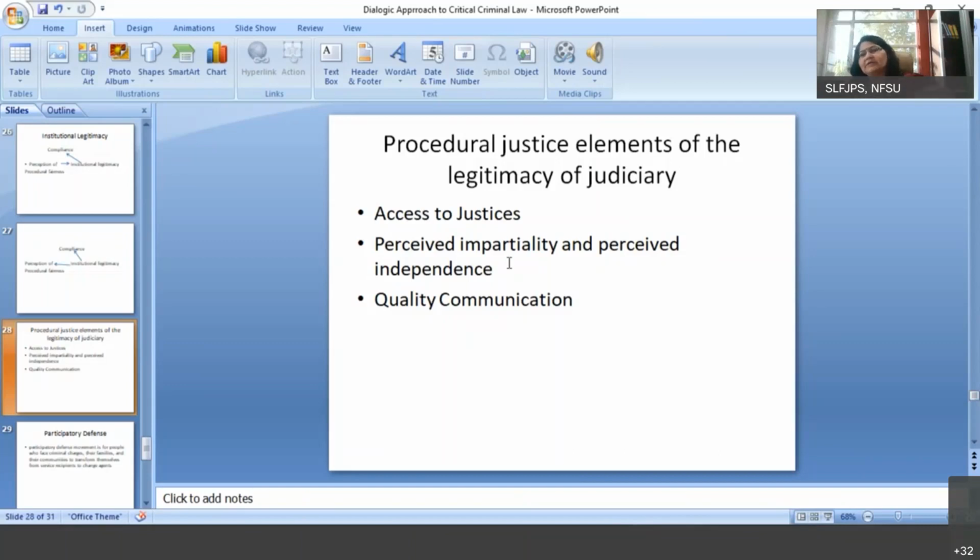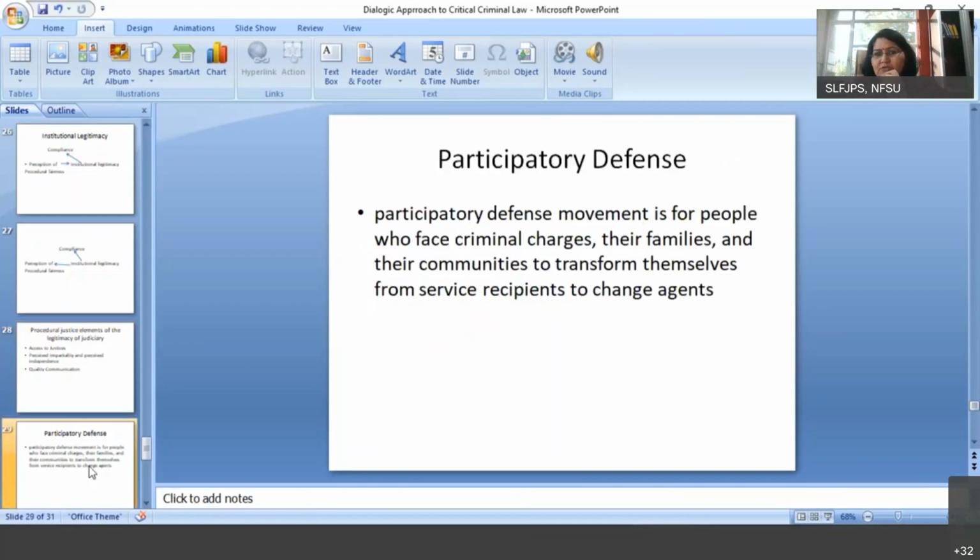In that context, I would also like to discuss participatory defense issues. Participatory defense is one of the most important elements, because this movement is one wherein people who are facing criminal charges, their families and communities, all get engaged and participate in this justice battle.